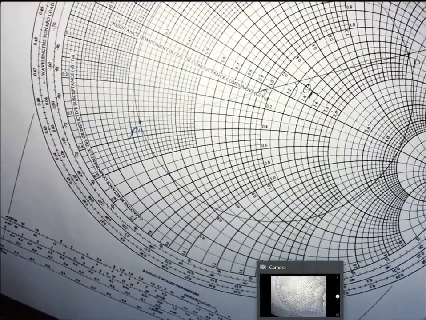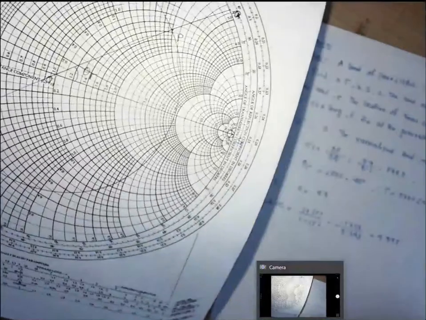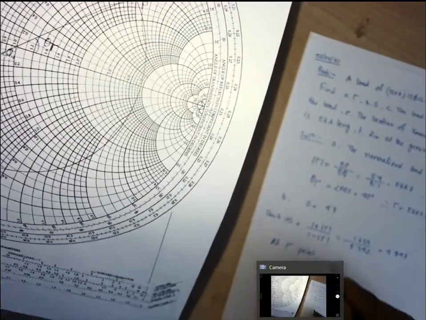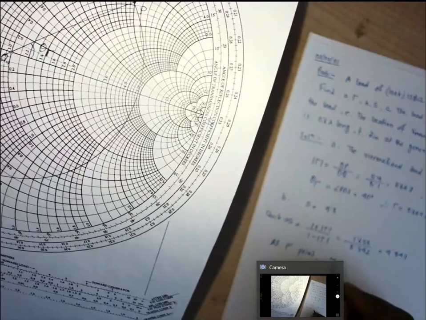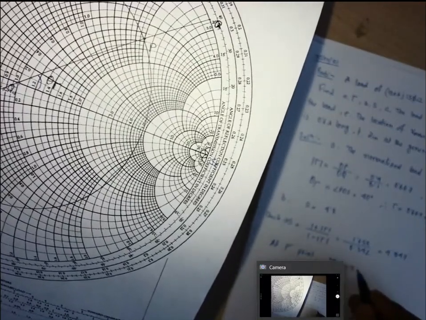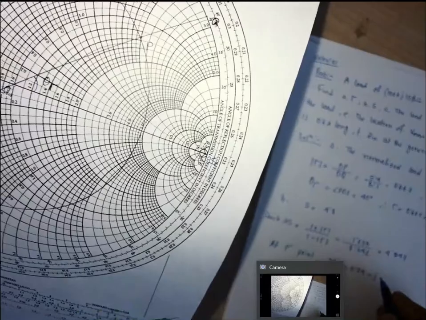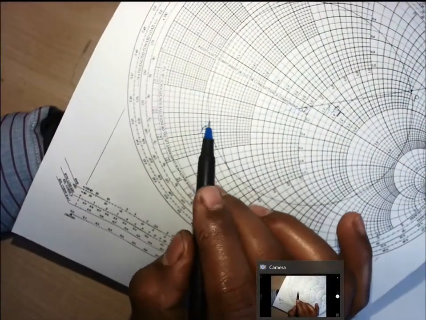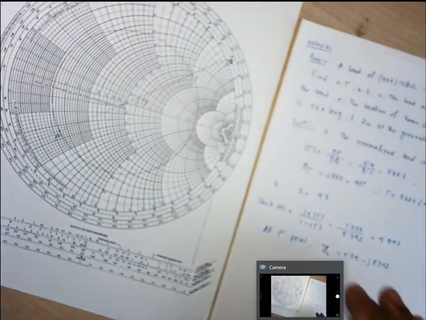It is not exactly 0.34, just a little bit above that, let us say 0.342. So at P prime point, we have the normalized Y L, which is 0.24 minus j 0.34, or 0.342 more specifically. So this is the normalized admittance.